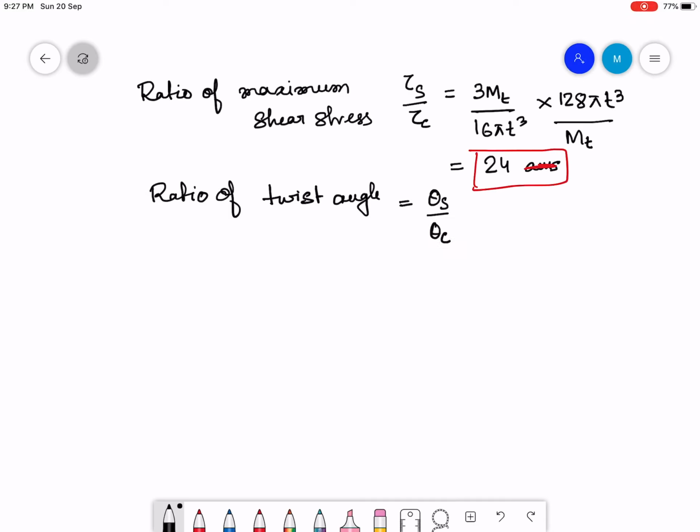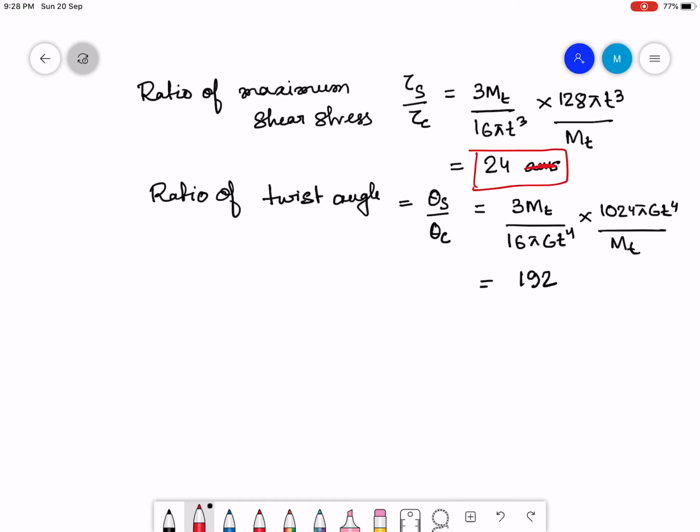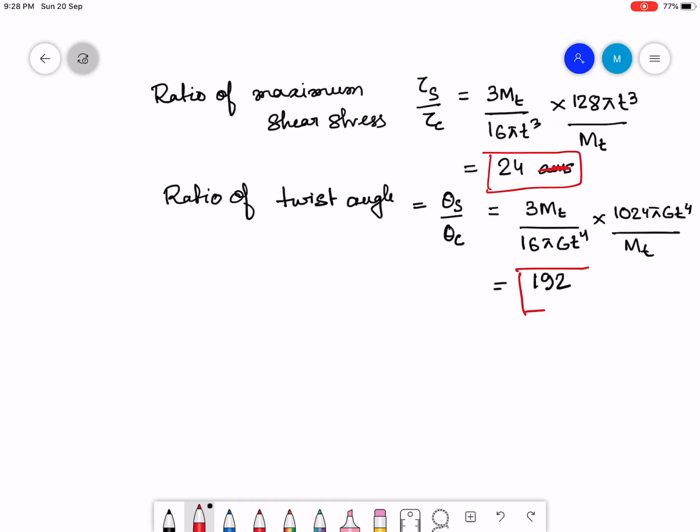So theta s in terms of mt is going to be 3 mt by 16 pi g t4, whereas theta c is 1024 pi g t4 by mt. And if we try to find out this ratio, it is going to come out as 192. So this is the answer.